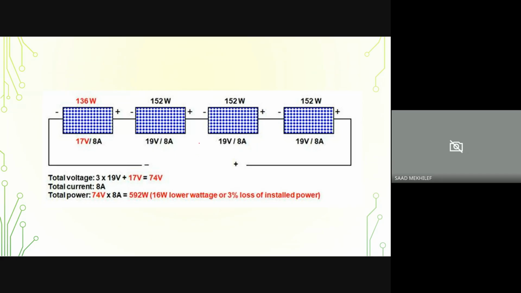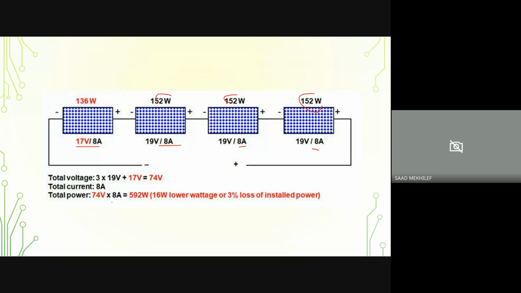Okay, so if you have one panel, for example here, all the panels are 19 volts, 19.8 amp, 19.8 amp, but this one is 17.8 amp. There is a voltage drop. So the total voltage is 3 times 19. But the total current is 8, because all of them are 8, right?